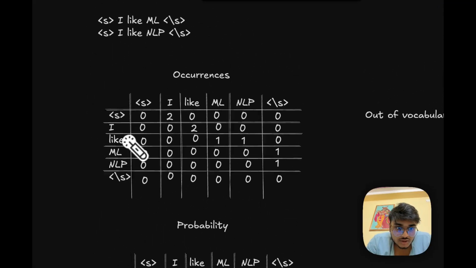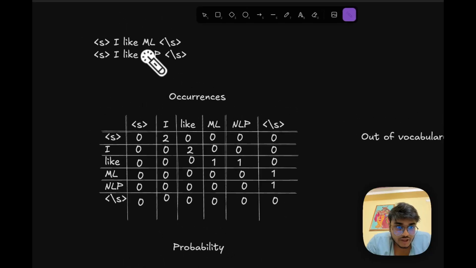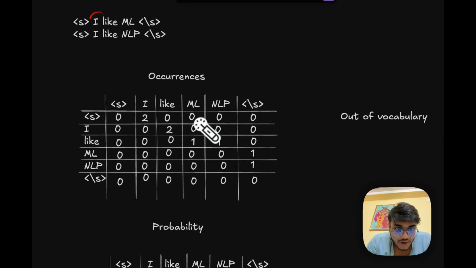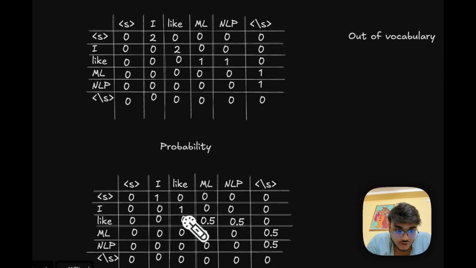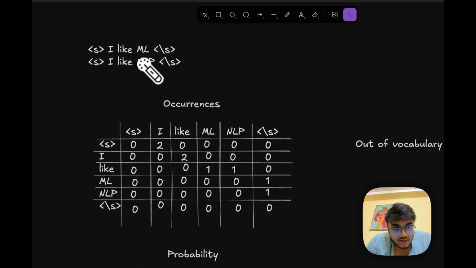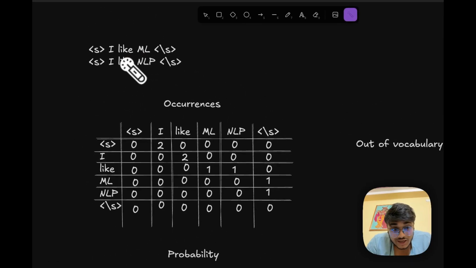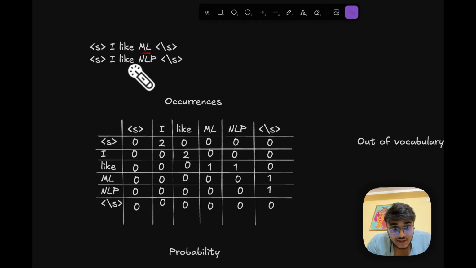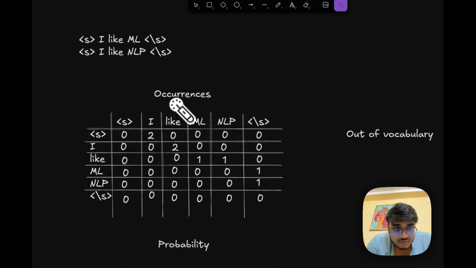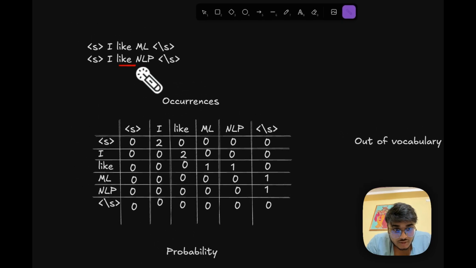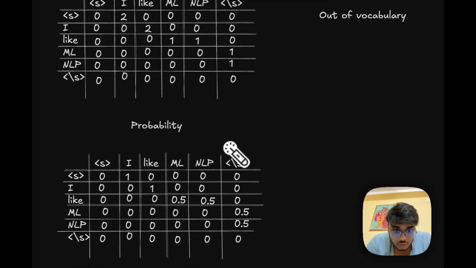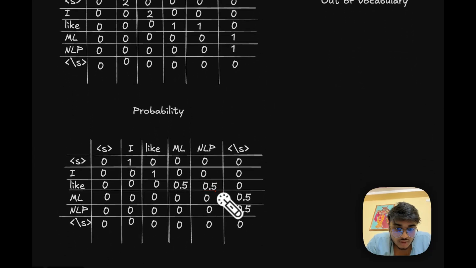Right here, I is coming before like 2 times, so I have to divide it by 2 again. Before ML, like is coming, and like occurs 2 times, so I divide by 2. Similarly, before NLP, like is coming, so like is coming 2 times again, so I divide by 2. That is how I got 0.5.